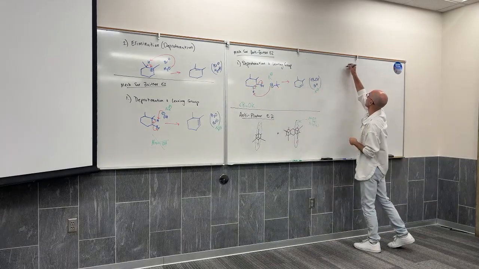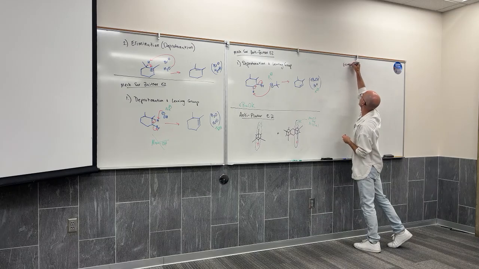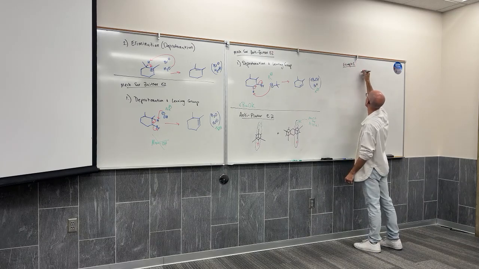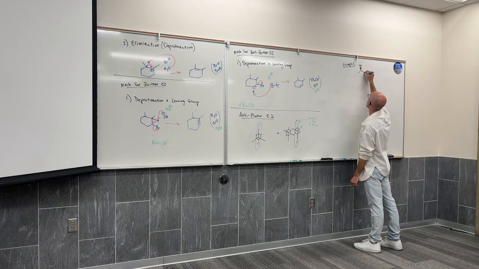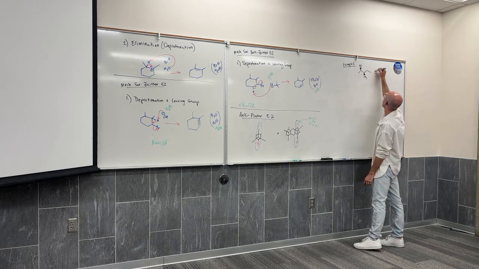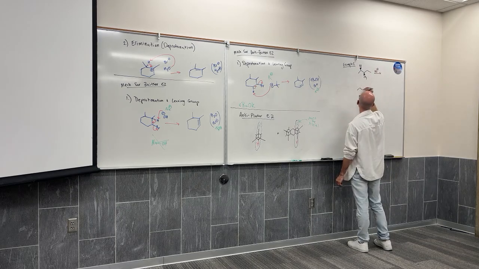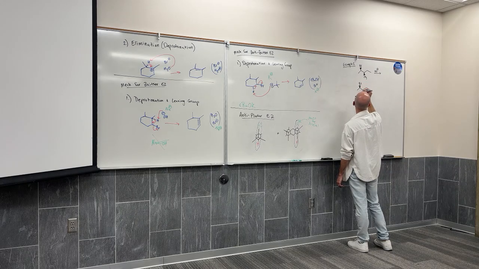So a couple of examples here. Let's start with linear chains. I'm going to draw two diastereomers.